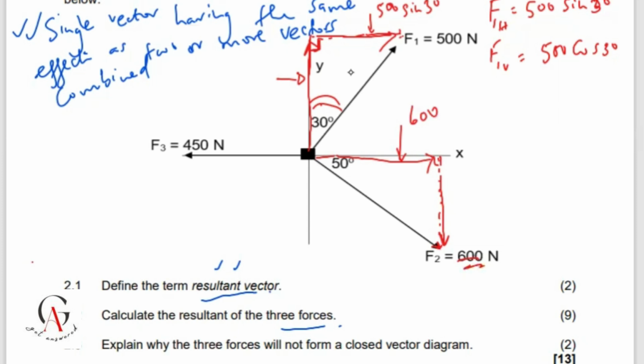I'll take the resultant as 600. Since this is adjacent, it will be the cos of 50. This is F2 horizontal. Then F2 vertical is going to be negative 600 sine of 50.